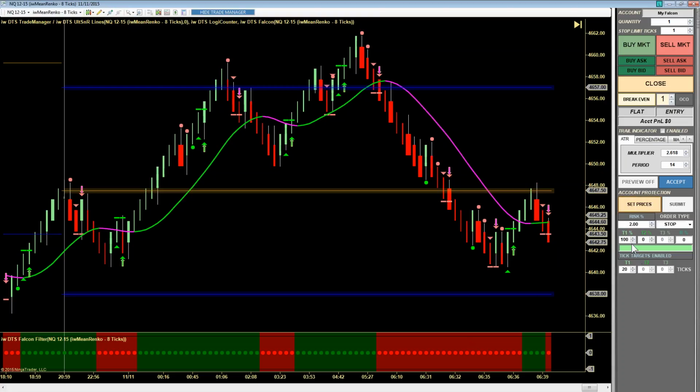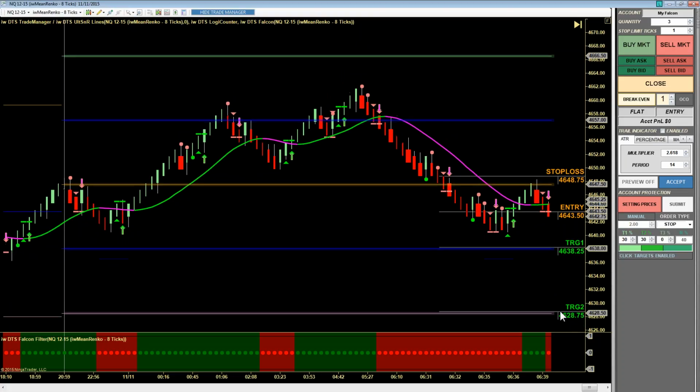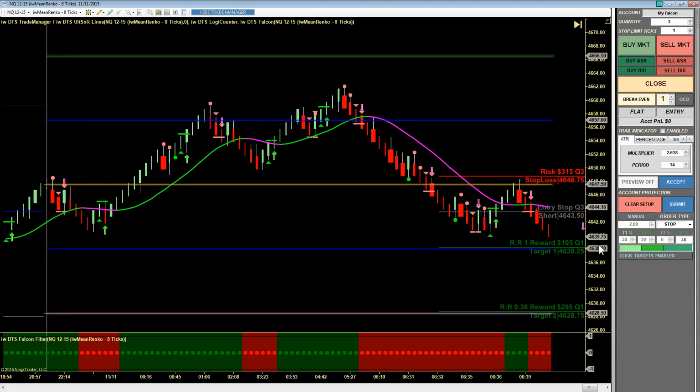And what he may actually do is split his trade into thirds. He'll enter here, take part profit here, take part profit here, and then have a runner on for the rest of it.